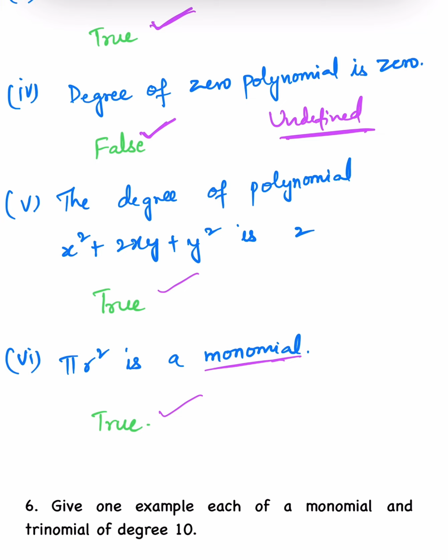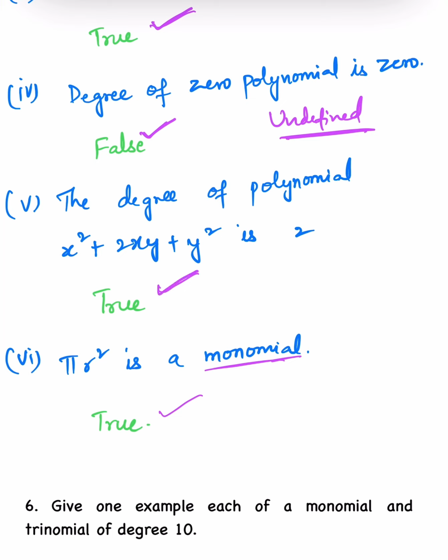X square is a variable term, y square is a variable term, 2xy is also a variable term. So, here what is the highest degree? X square, y square, they have 2 each. And 2 is the highest degree here. So, the degree of the polynomial is the highest degree of the variable terms in the polynomial. So, here the degree of the polynomial is 2. So, this particular statement is true.